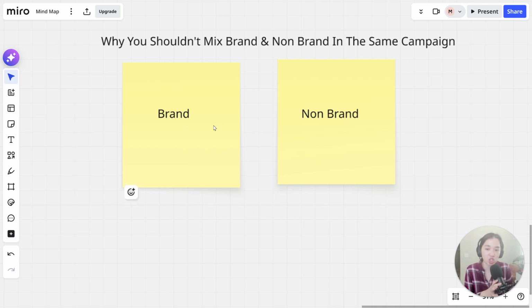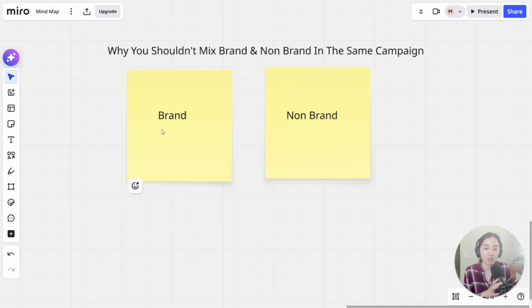Your ad messaging should look different between brand and non-brand. Non-brand would be more discovery-type messaging where someone may not know about your brand, and branded keywords would have messaging that assumes that the user already knows about the brand and what you have to offer.